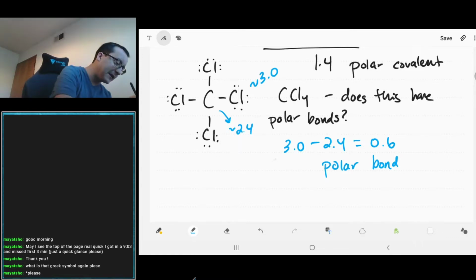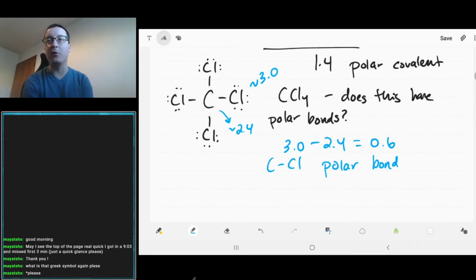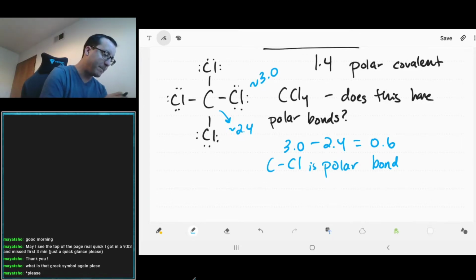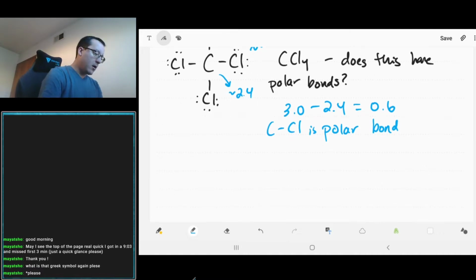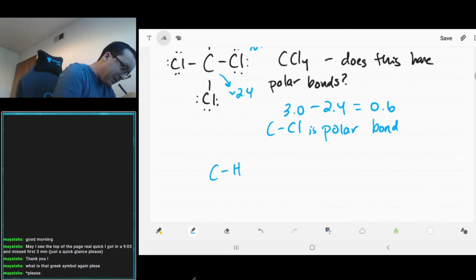So that tells us that a CCl bond is a polar bond. So a bond from carbon to chlorine will be polar. How about methane?